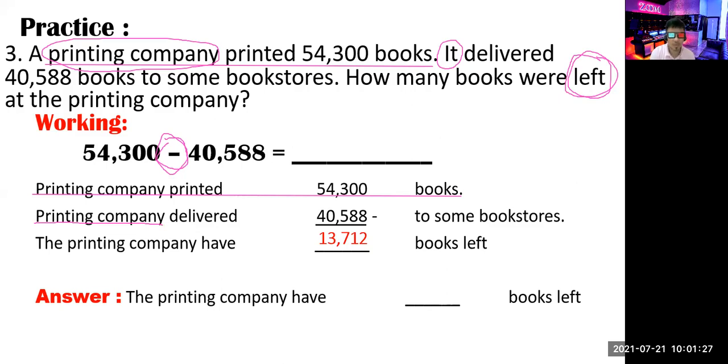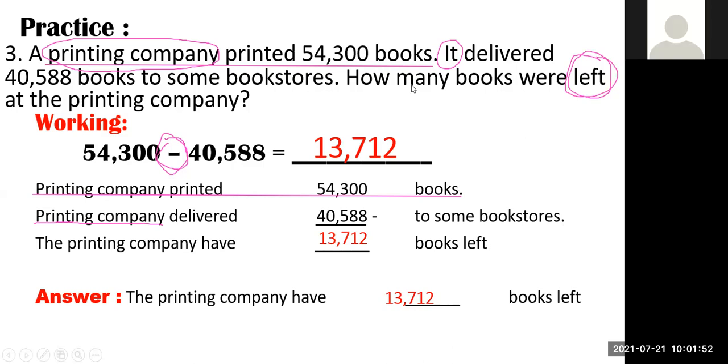So therefore, the printing company has 13,712 books left in the company. We will write the answer in the number sentence, 13,712, and as well here in the answer at the bottom. The printing company has 13,712 books left. I forgot to write the period here.